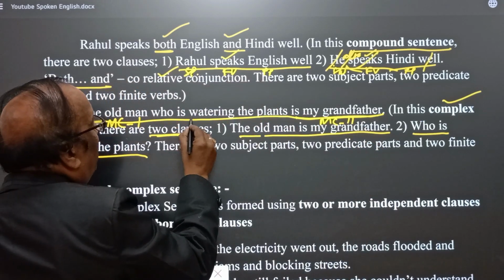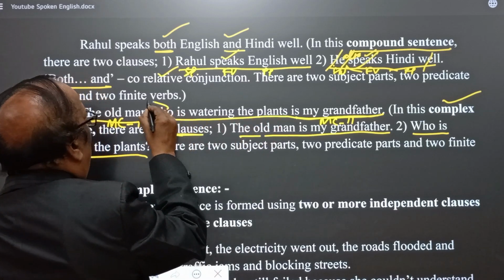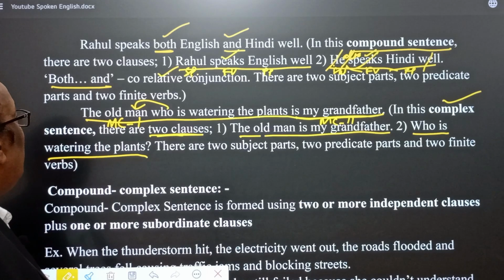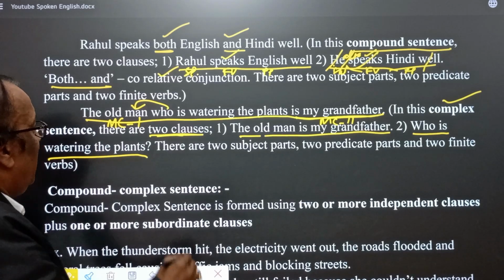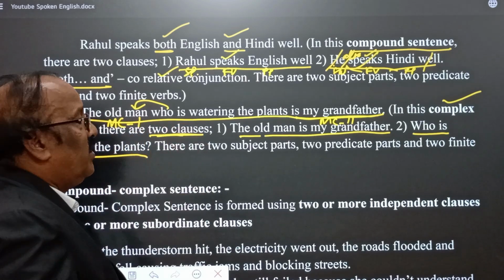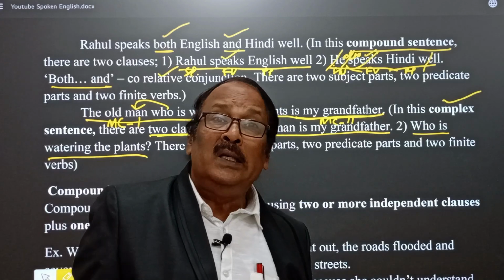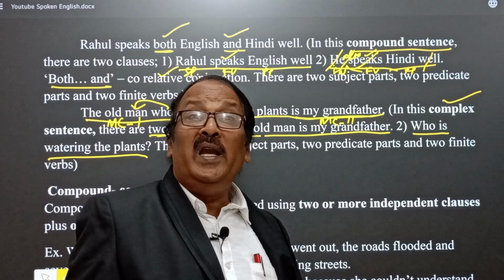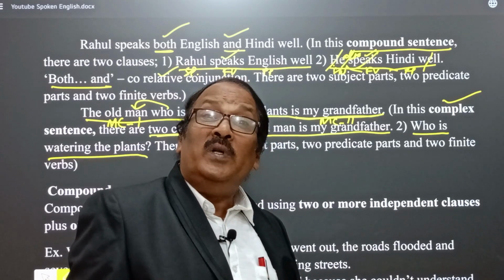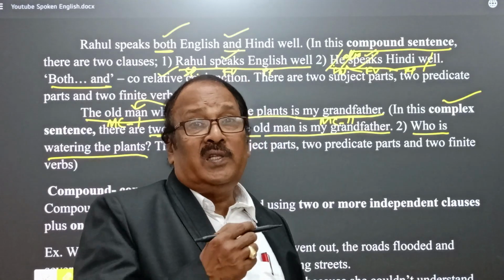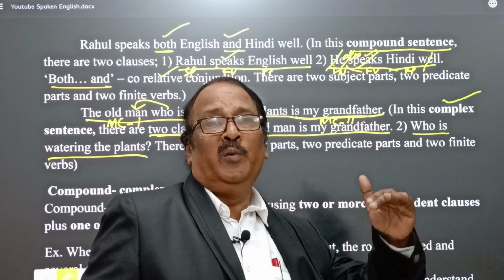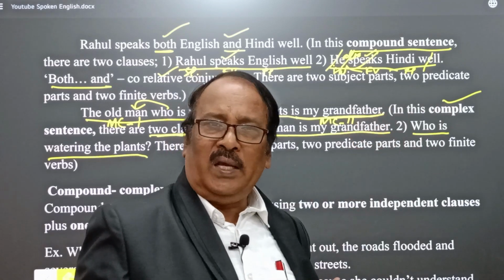And here, who is watering the plants: the antecedent is the old man, and who is the relative pronoun relating to the man. Therefore, who is watering the plants is not an independent clause. It is a dependent or subordinate clause. Without the man, this cannot express the meaning. Therefore, this is the difference between simple, compound and complex.